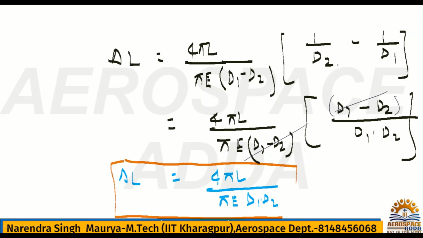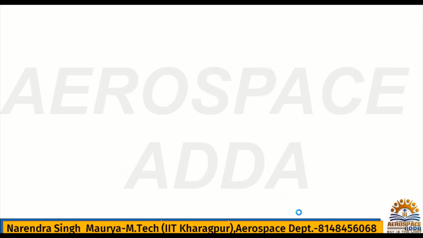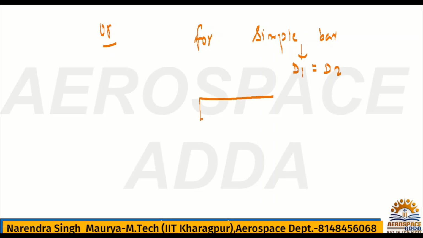Now, the check point of this: for a simple bar, if I say simple bar, it means d1 is equal to d2, both sides diameter the same.